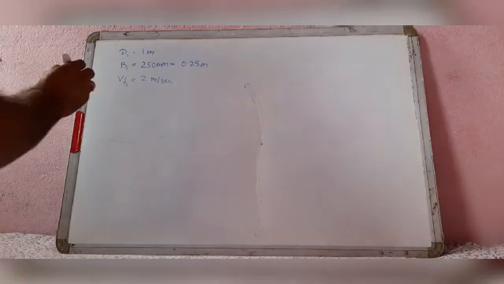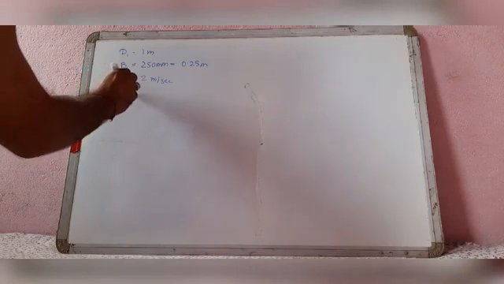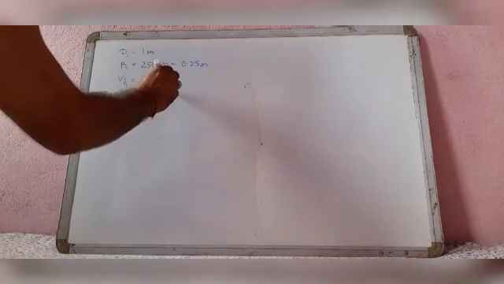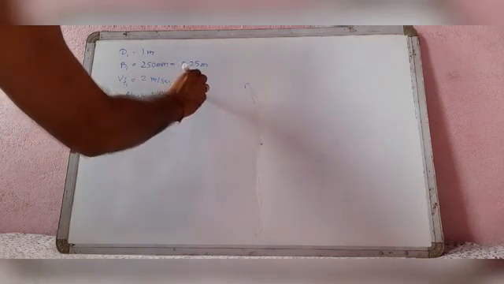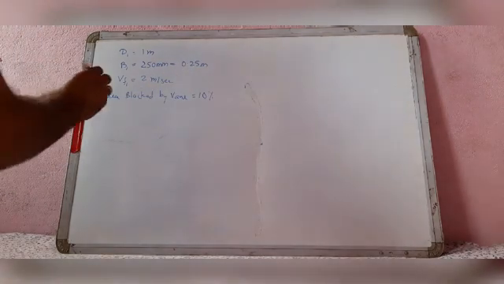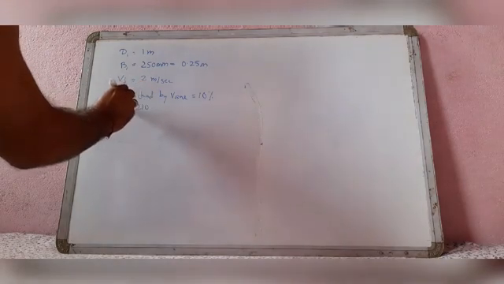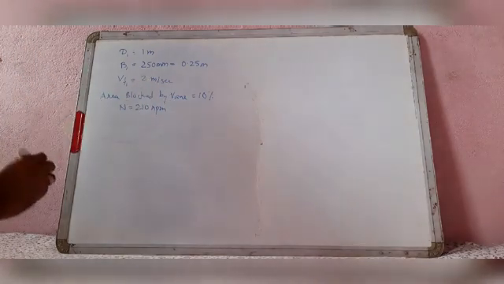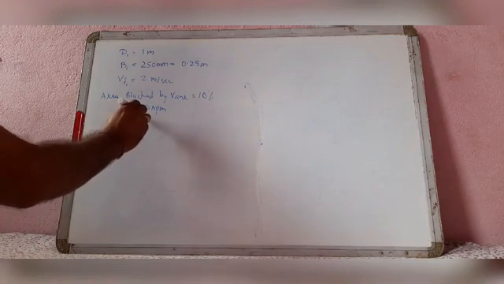Area blocked by vane is 10%. Speed 210 rpm. Guide vane angle is given 10 degree.